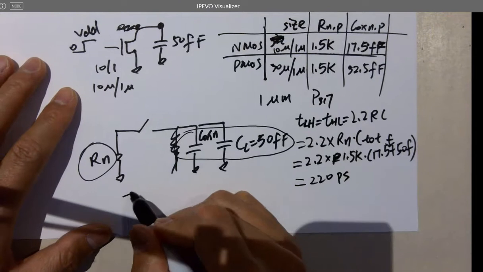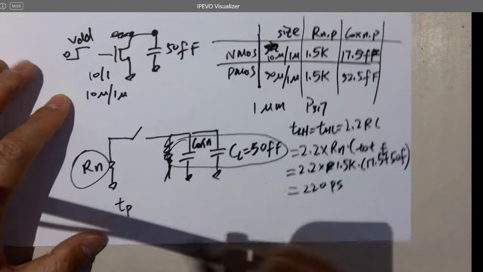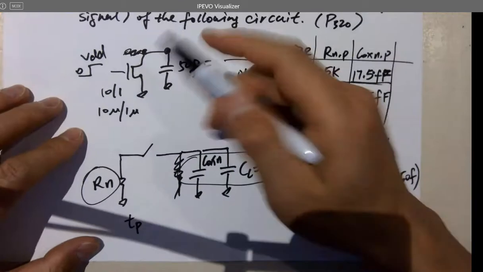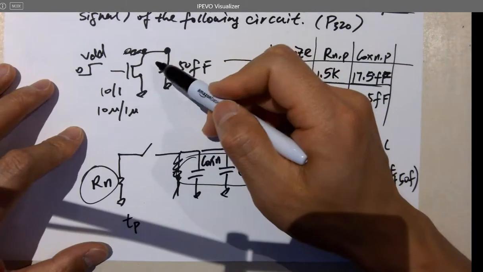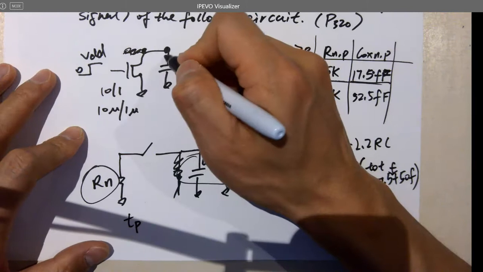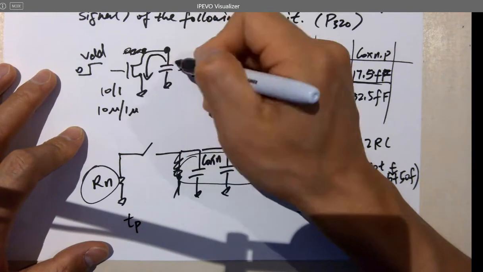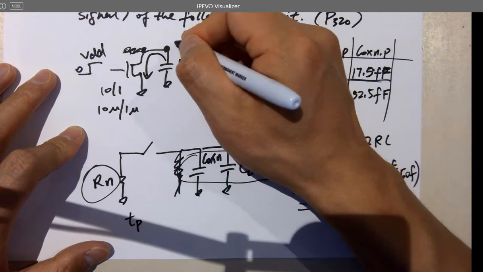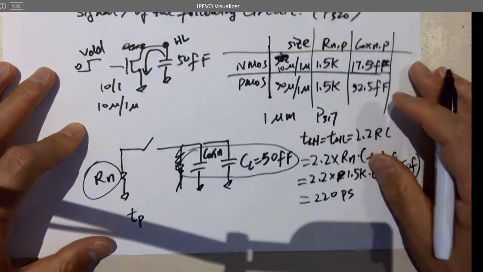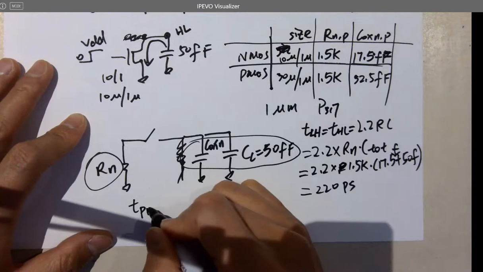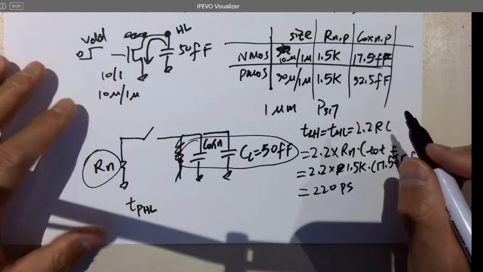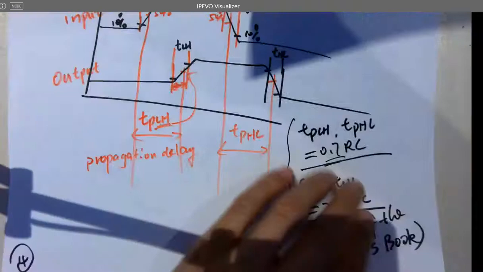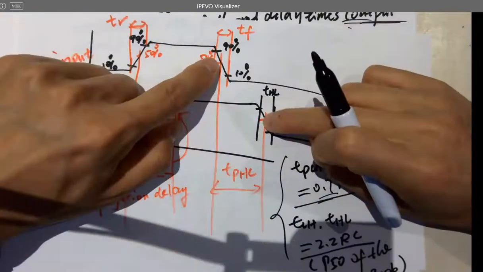And also TP, because whenever the switch is closed for this circuit, what's going to happen is it's discharging this cap. So the voltage here is actually HL. So the propagation delay is TPHL, which is a 50-50% analysis instead of the 10% and 90%. So it's this one.